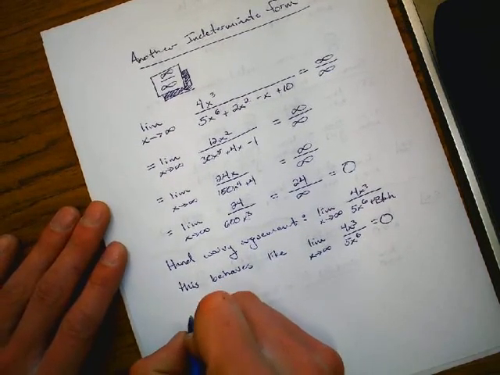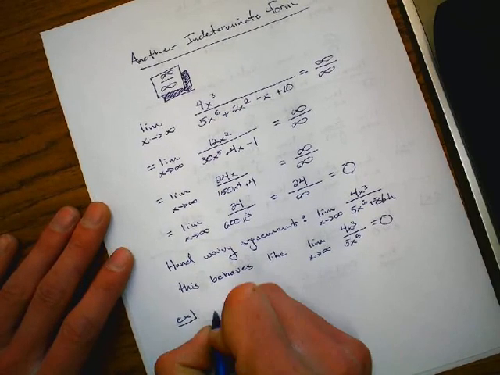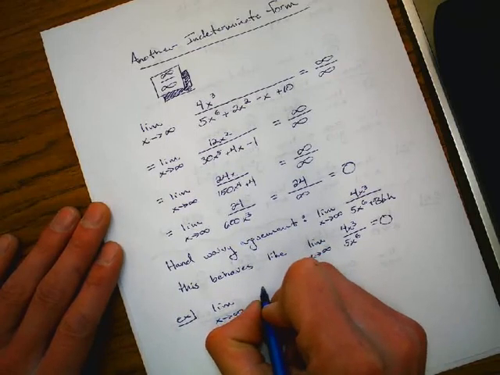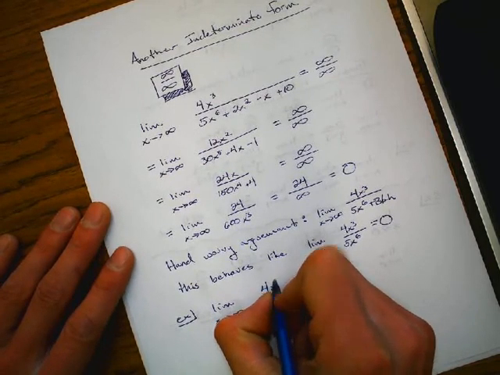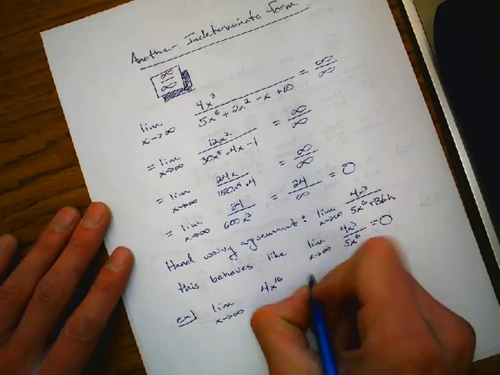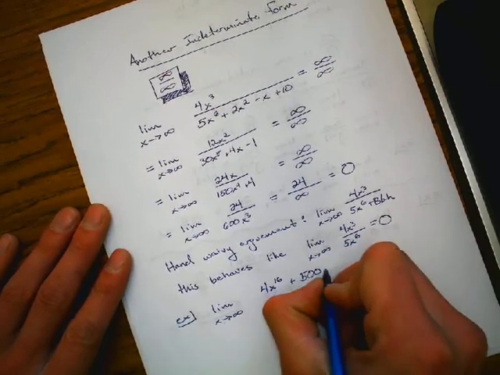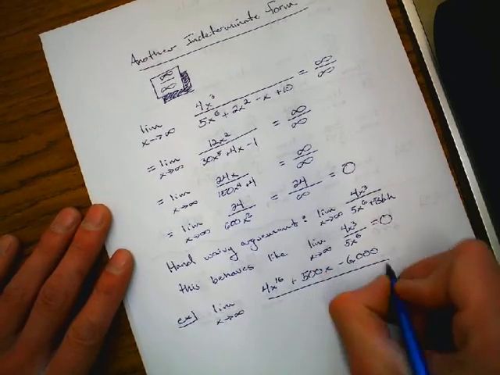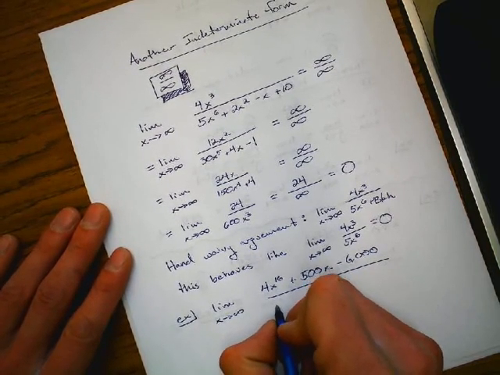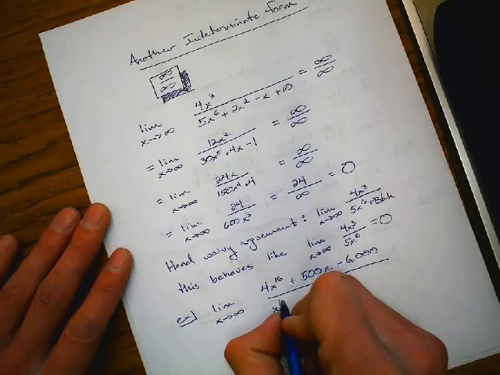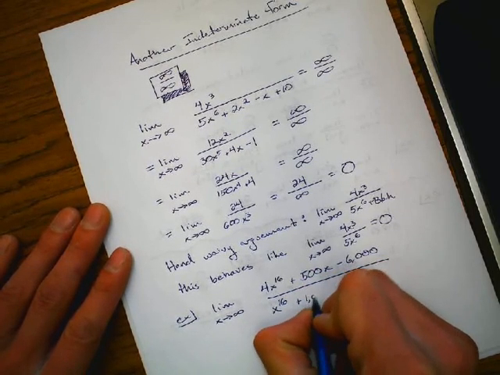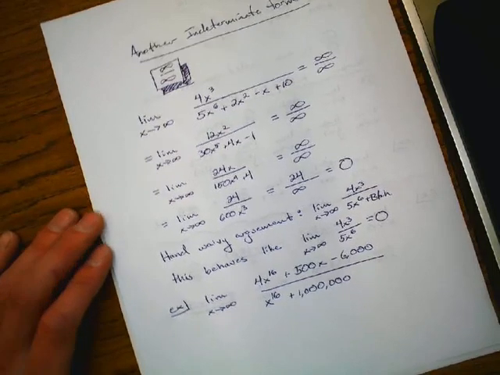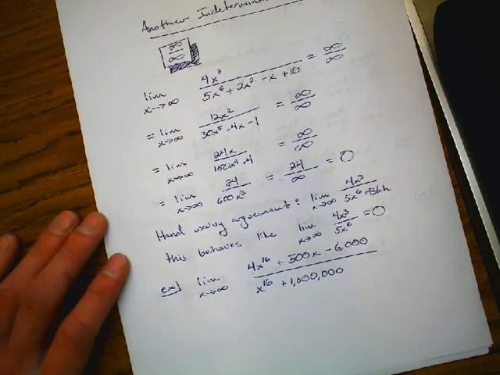Here's a different example. What's the limit as x approaches infinity of 4x to the 16th plus 500x minus 6,000 over x to the 16th plus 1 million? Really, how does this behave?